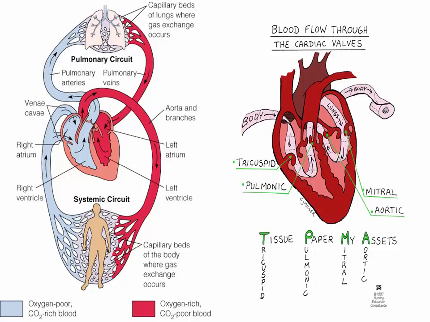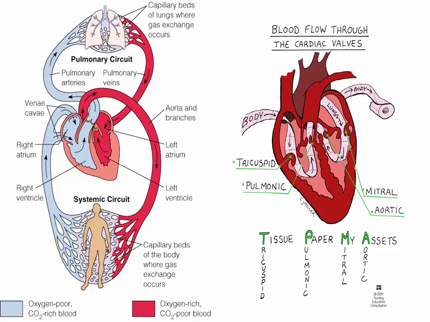When the tricuspid valve opens, it allows the blood to flow into the right ventricle. And when the right ventricle contracts, it causes the tricuspid valve to close and the pulmonic valve to open. And so blood flows out of the right ventricle and into the pulmonary artery through the pulmonic valve.